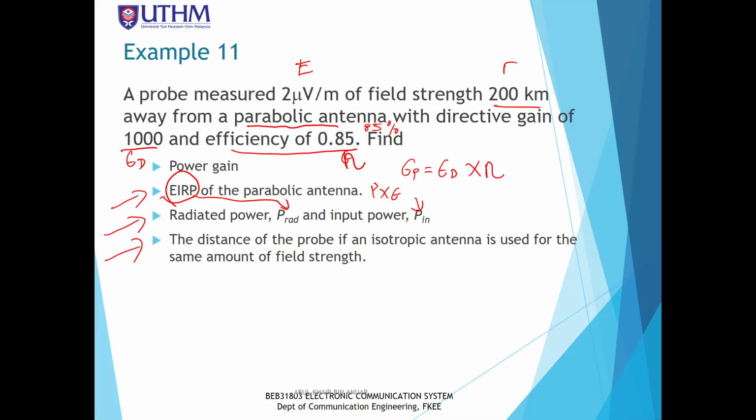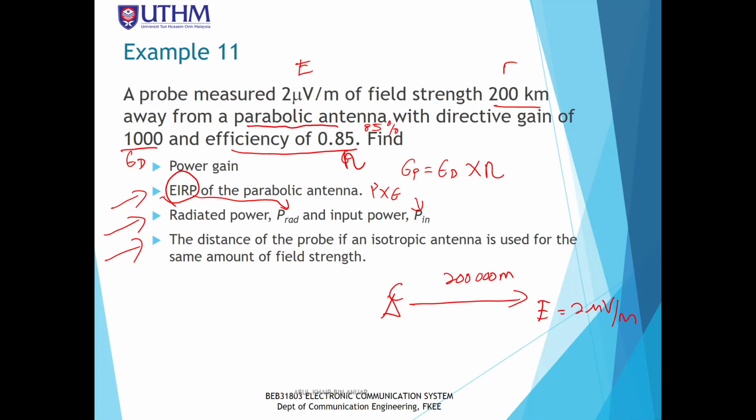So initially we have a parabolic antenna, and we measure the distance at 200,000 meter, and we find the E field to be equal to 2 microvolt per meter.